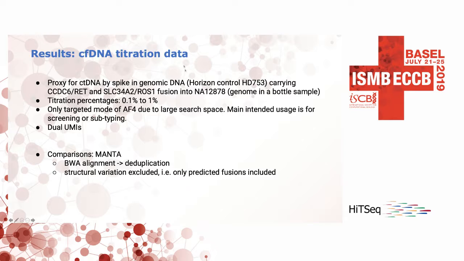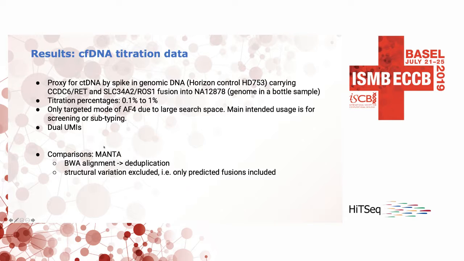Then finally, we did the cfDNA titration data. This is basically a series of titrations with a known fusion cell line DNA spiked into a genome in a bottle sample. This data has UMIs.